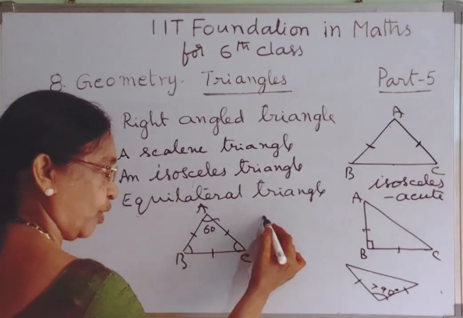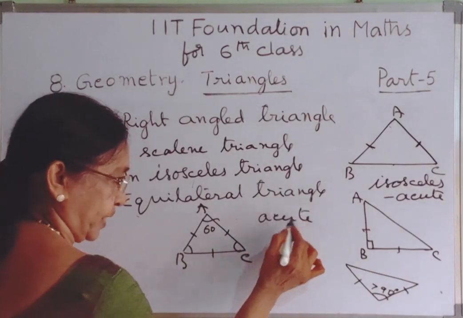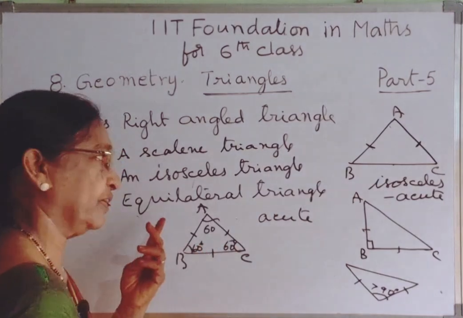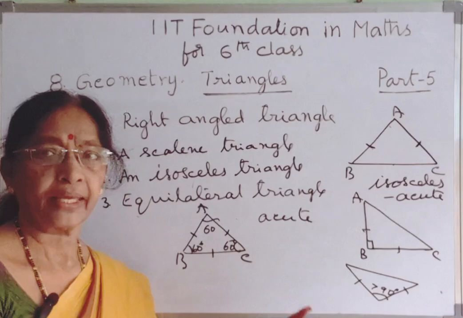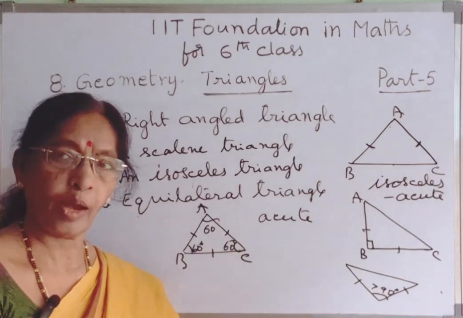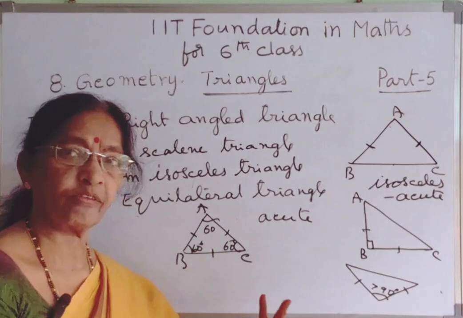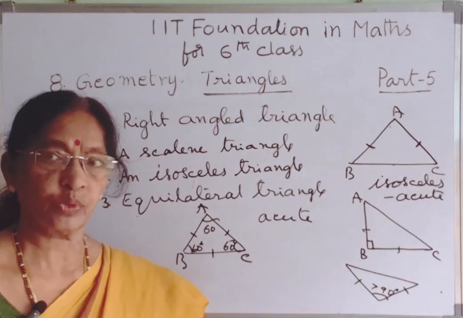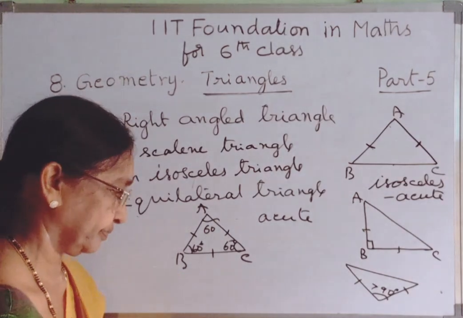Therefore, it is always acute, whose angles are equal to 60 degrees each. So an equilateral triangle cannot be a right angle triangle or obtuse angle triangle. It is always an acute angle triangle and the angles are equal to 60 degrees each.